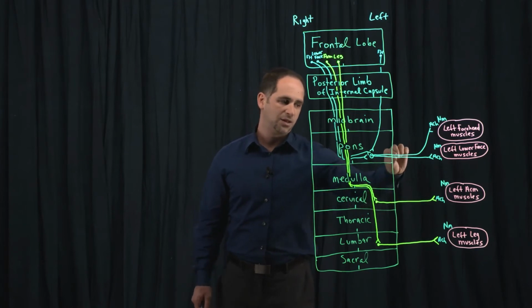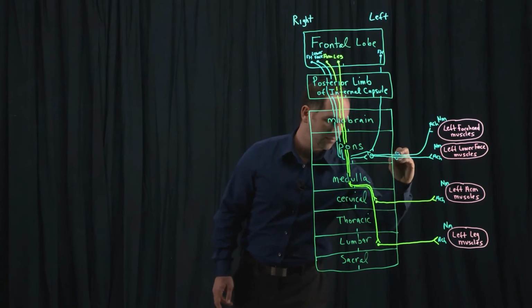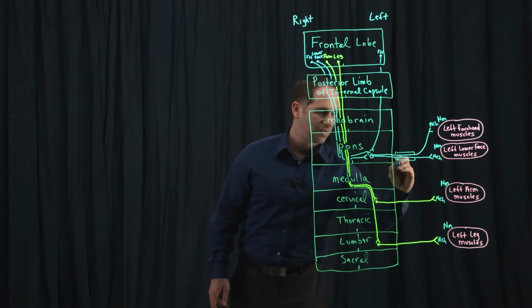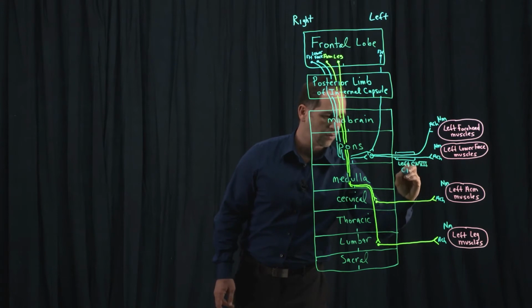And that actually is an important structure. This structure where they're together here, I'm just going to group them together. In this case, this would be the left cranial nerve 7, which we call the facial nerve.